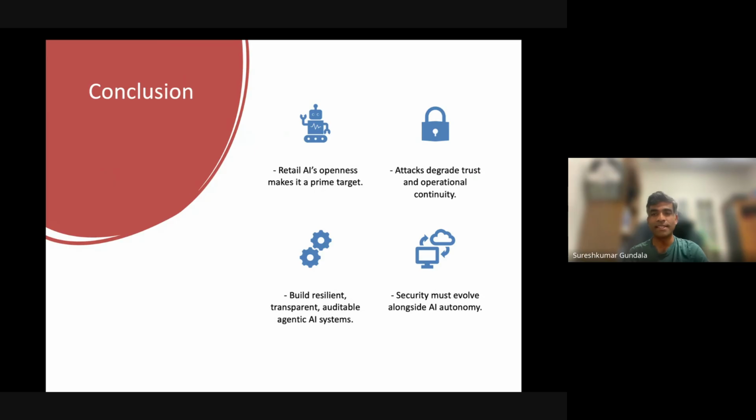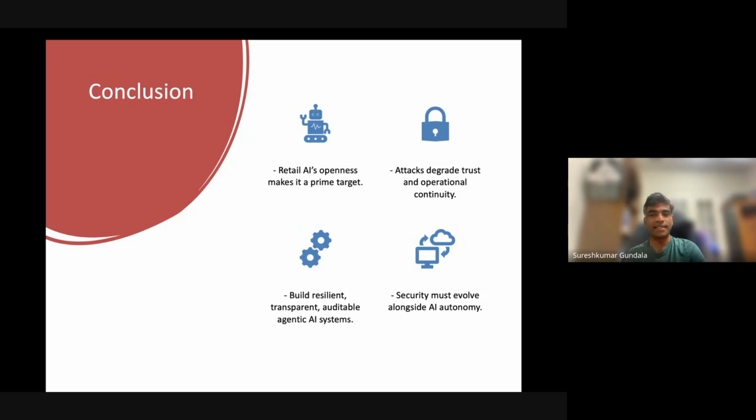These kinds of attacks degrade trust and operational continuity, thereby driving away customers from purchasing products from the open web. Build resilient, transparent and auditable agentic AI systems, so we mitigate most of the risks that I mentioned above. And security must evolve continuously alongside AI.